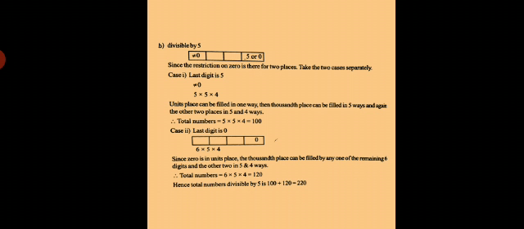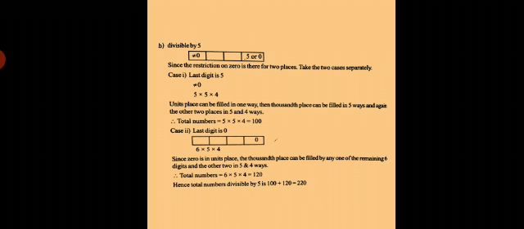Similarly, in case 2, if we consider the last digit is equal to 0, then our first digit will be out of 7 digits, we have 6 numbers in the 1000 place. So write down 6 in the 1000 place.